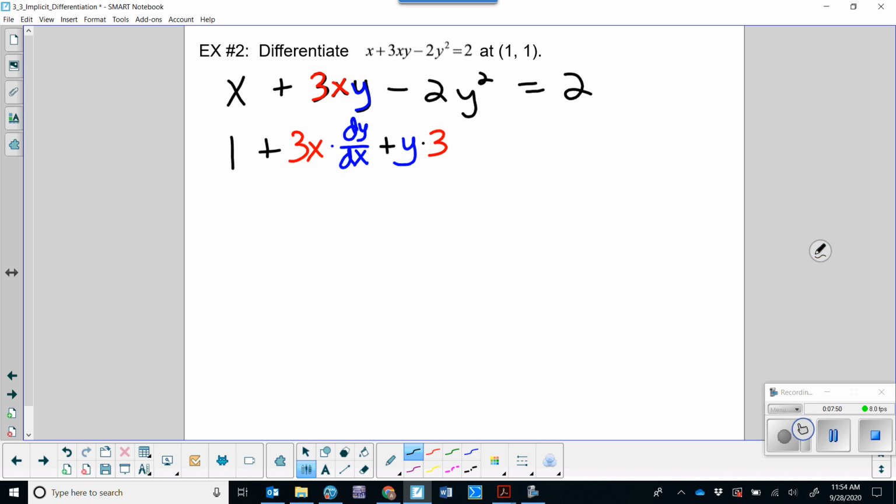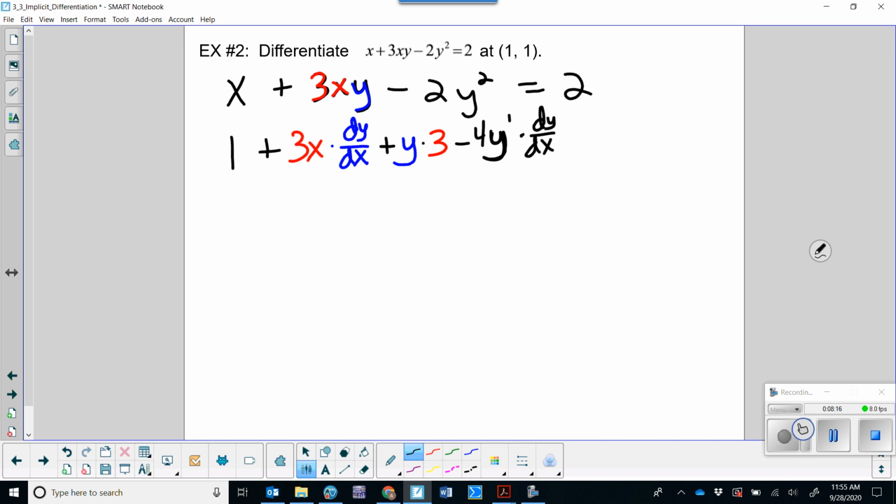Then I have minus 2y squared. So the power is the outside function, so I'm going to get minus 4y, leave that alone, lower the power by 1. But now I have to do times the derivative of the inside because the inside is not x. So times the derivative of y with respect to x.